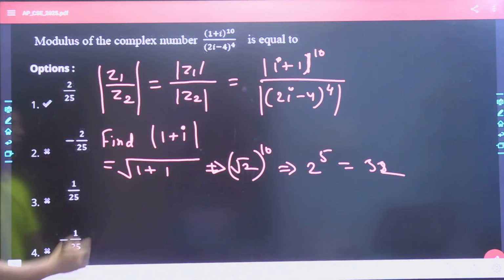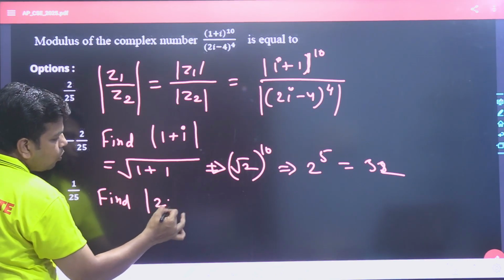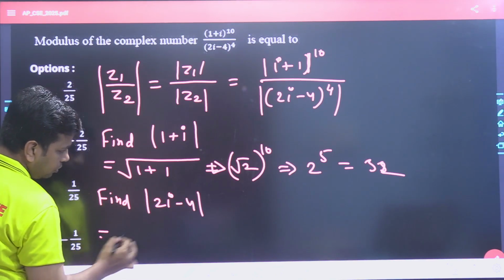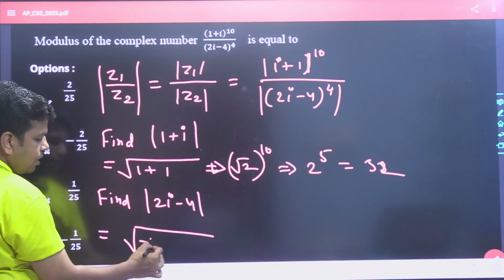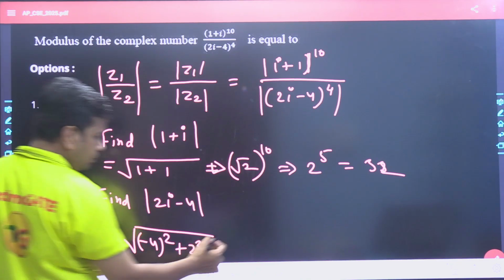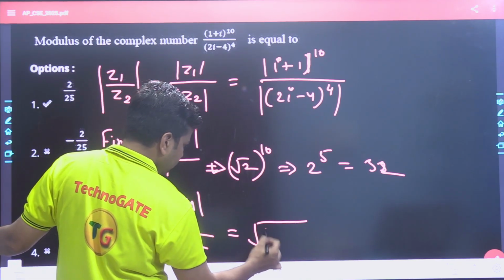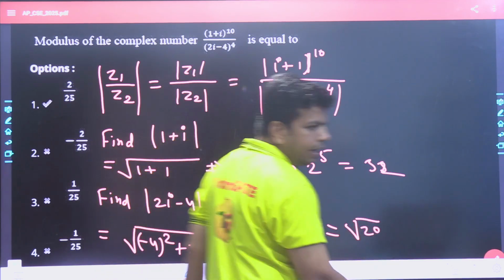Now see, we need to find mod of 2i minus 4, square root of minus 4 square plus 2 square, which is square root 20.